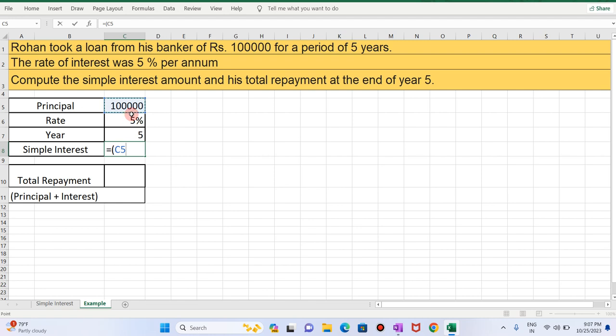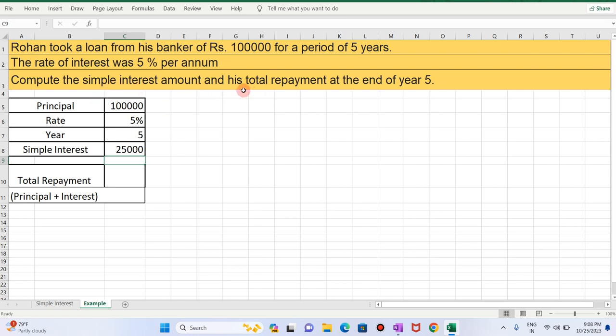Then multiplication sign, 5% interest, multiplication sign, 5 years, bracket close, press enter. So the total simple interest on the principal amount of 1 lakh at 5% interest for 5 years is 25,000. So we have calculated simple interest.